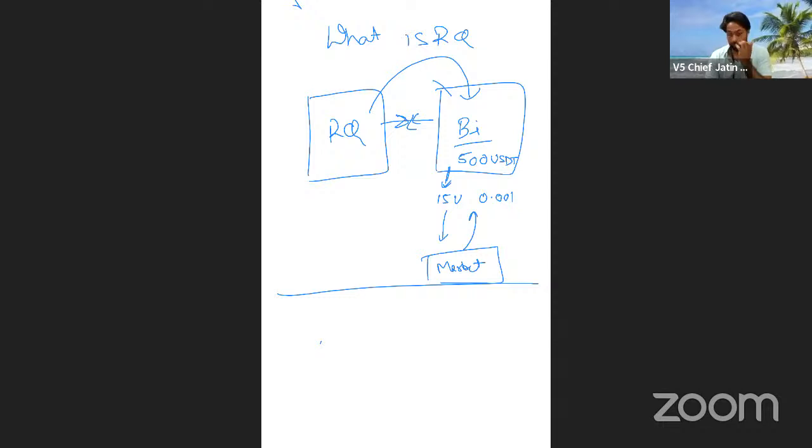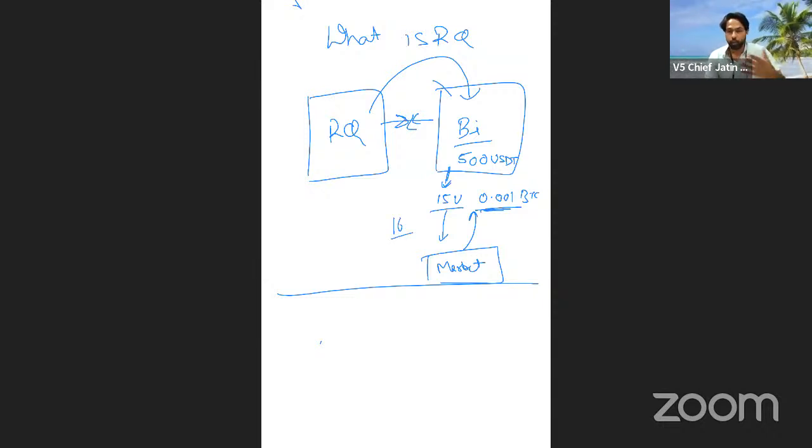After some time, maybe a few seconds, minutes, hours, or days, Royal Q keeps on monitoring the price of Bitcoin after buying it. As soon as it sees a rise in the price of Bitcoin, it sees that it bought 0.001 Bitcoin for 15 USDT, and now the price is, say, 16 USDT.